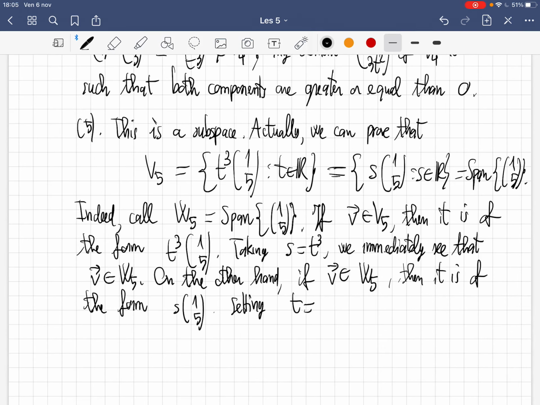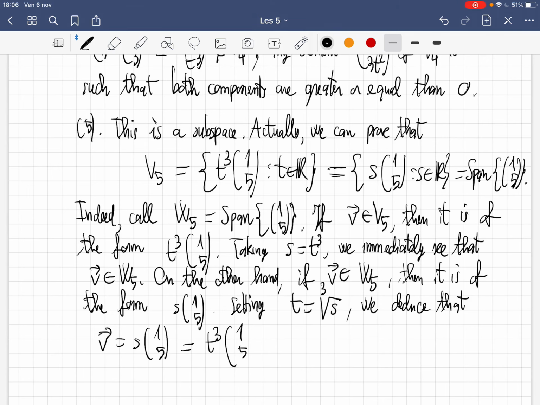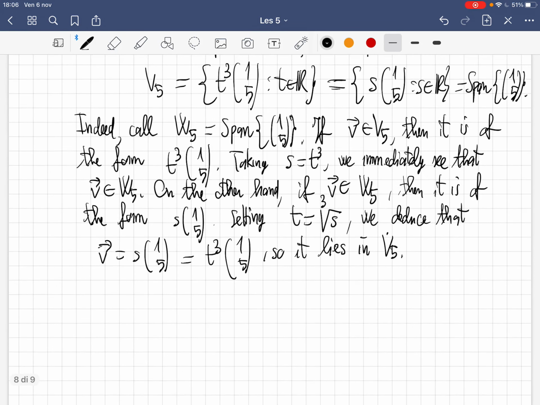Setting t equal to the cubic root of s, we deduce that v, which is equal to this, is also equal to this t cube. So it lies in V5.